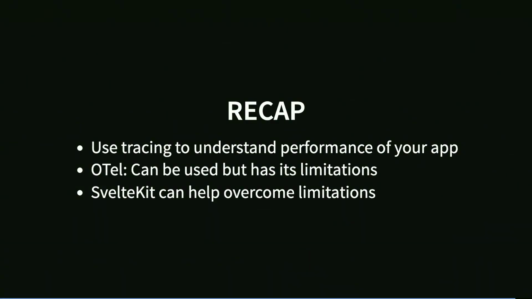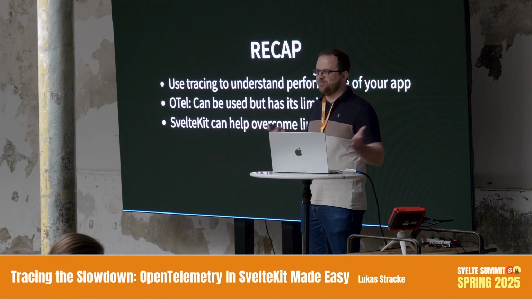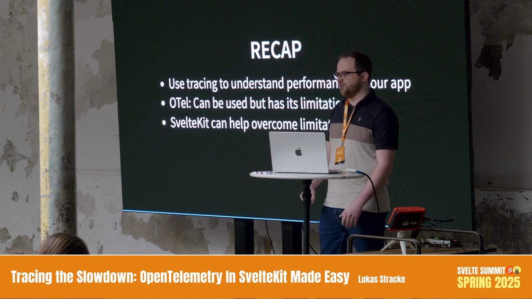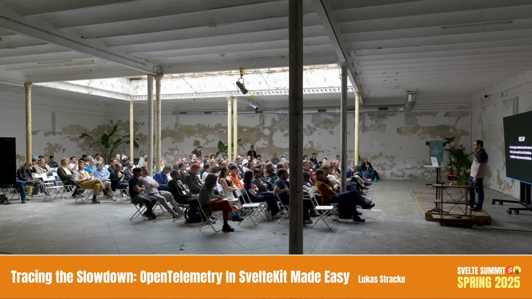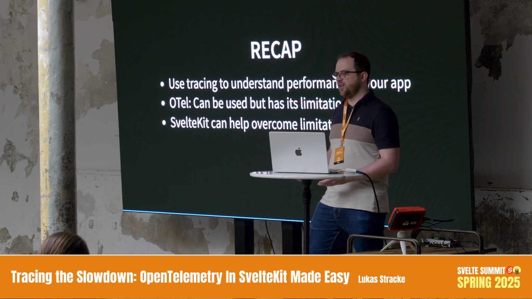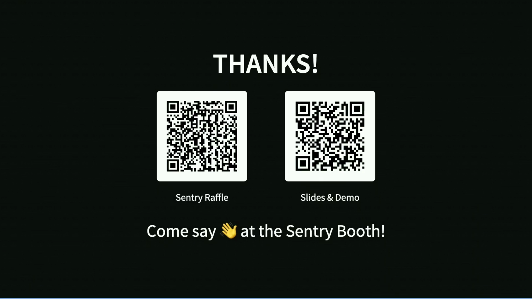You can use it directly, like I did today, or chances are you're already using it if you're, for example, using SDKs from Sentry, from Honeycomb, or any other of the popular tracing providers. Most of them use OpenTelemetry nowadays under the hood. And we saw today there are some limitations, but SvelteKit, I think, can do a little bit more to help overcome them, at least to a certain extent. And that's already it. That's everything I got.